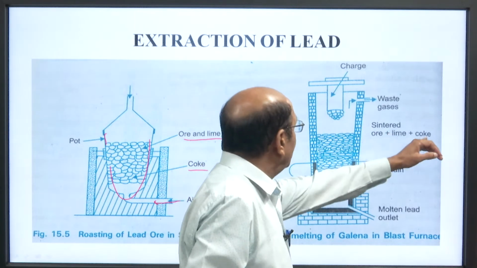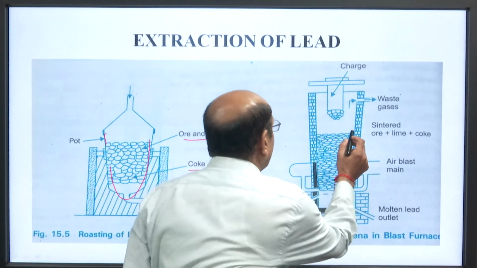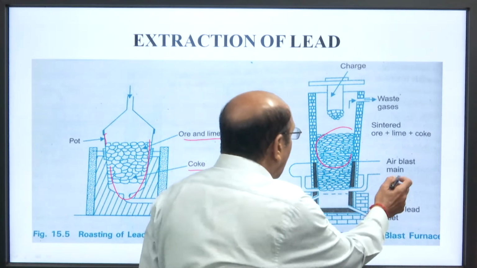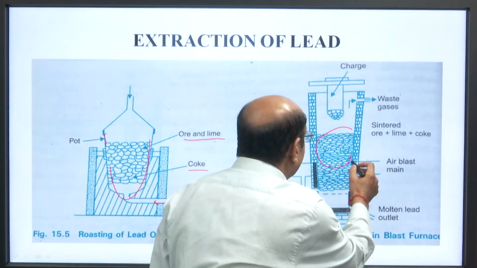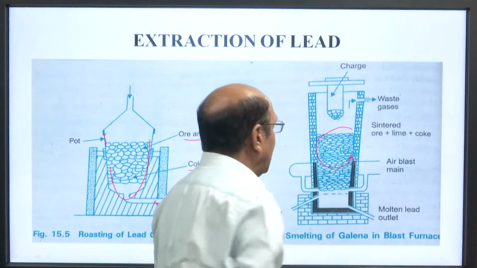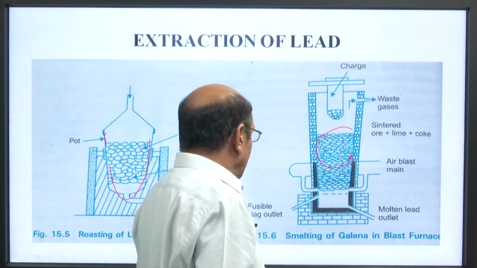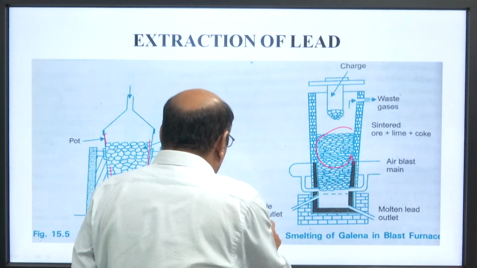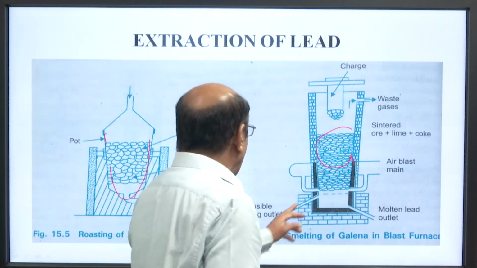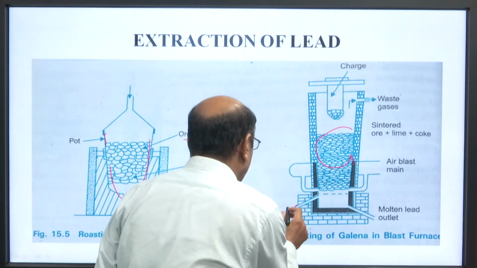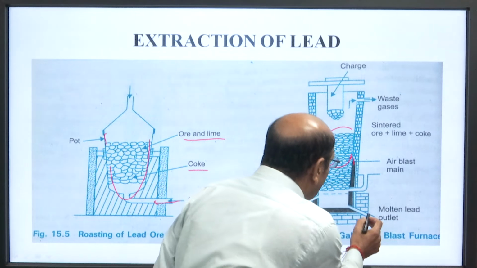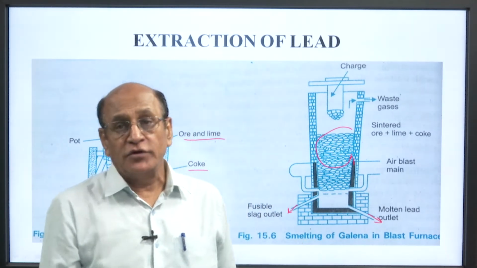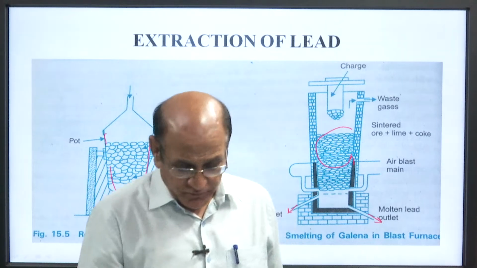Ores plus lime plus coke are put together here, and an air blast is given from here. This is the fusible slag outlet, and this is the molten lead outlet from where we can remove the molten lead.